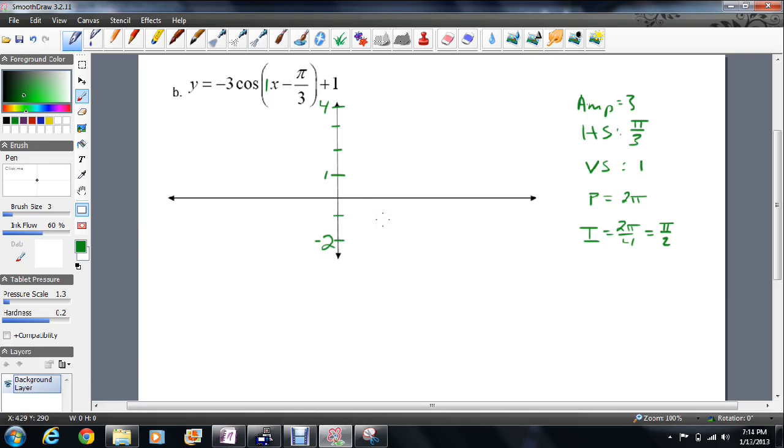Next, I'm going to put my starting value, which is pi over 3 this time. Again, this tells us where to start right here, the pi over 3. So pi over 3 I'm going to put right here. If I add my interval, pi over 3 plus pi over 2, that's going to give us 5 pi over 6.